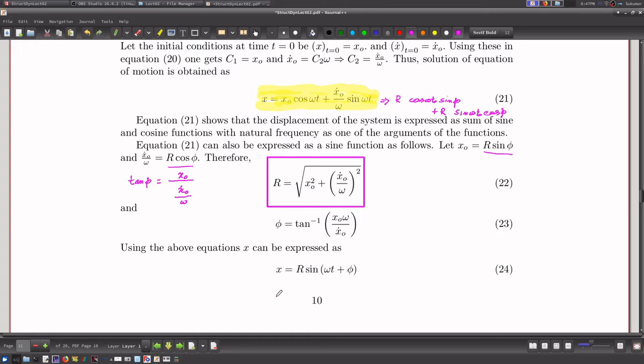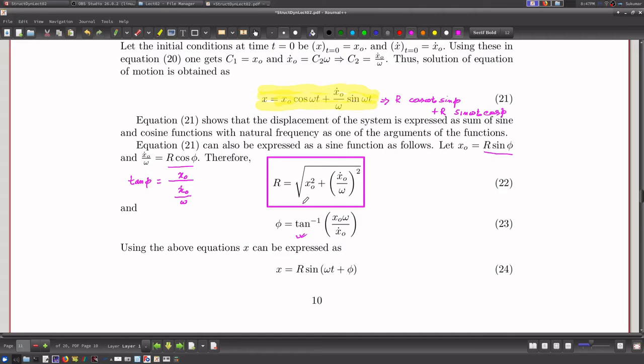This sine function has a new amplitude r, the peak value. Amplitude means peak value of the harmonic quantity, and it has a phase difference with the original harmonic quantity, and this phase difference is given by this quantity, right? So this is how we can express it as either a sine term or a cosine term.